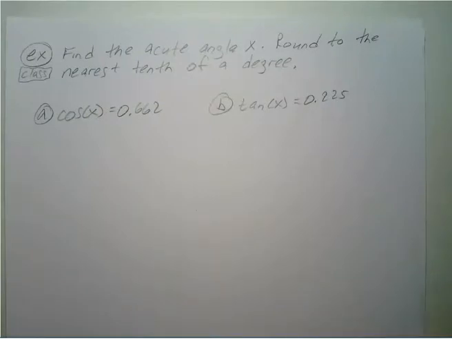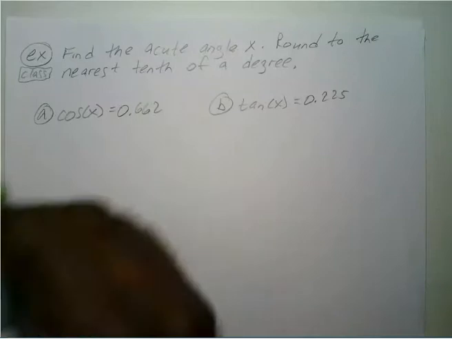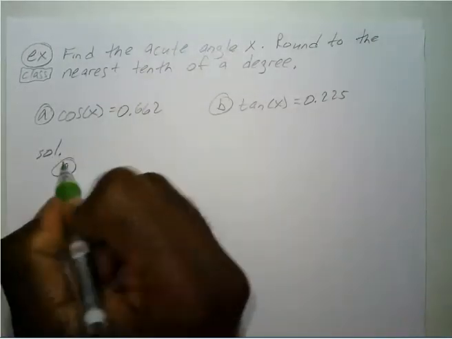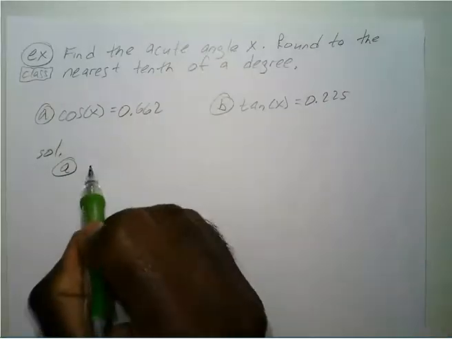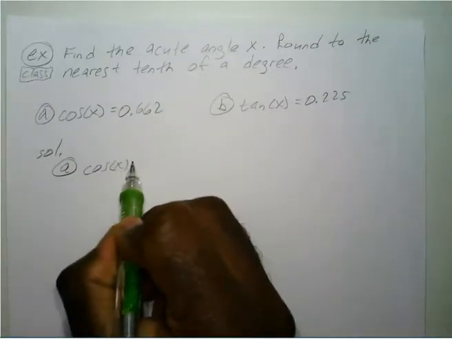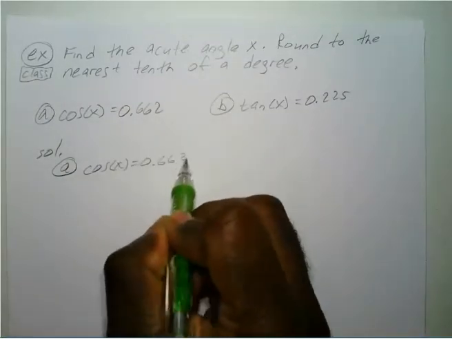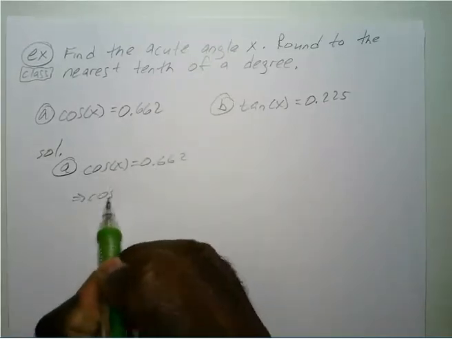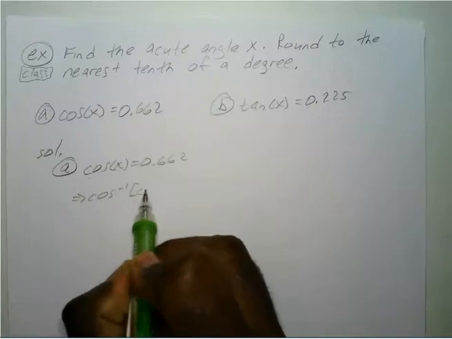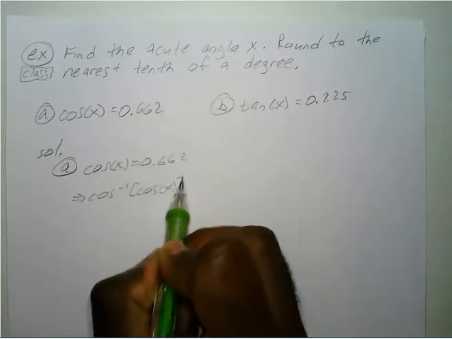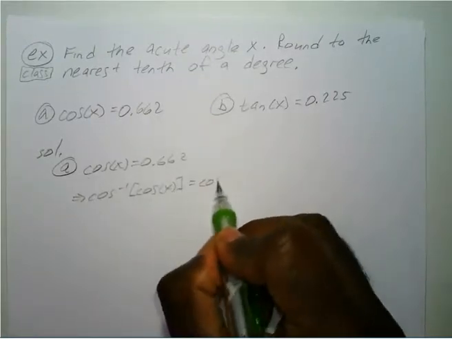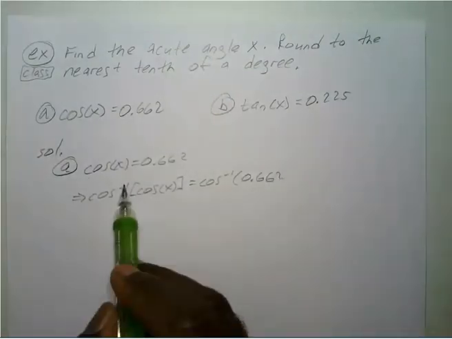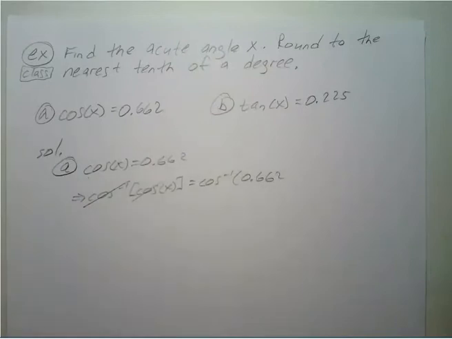All right, so I'm assuming you've pressed pause and worked this one out. So let's go ahead and verify. Okay, so you have cosine of x equals 0.662. Apply cosine inverse to both sides. Cosine inverse of cosine of x equals cosine inverse of 0.662, where the cosine inverse and cosine cancel out.